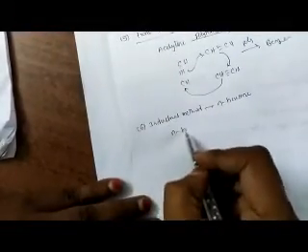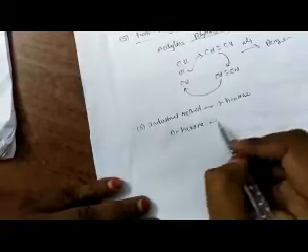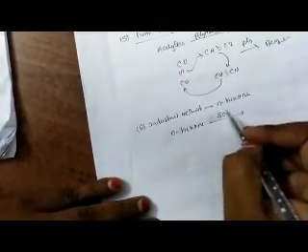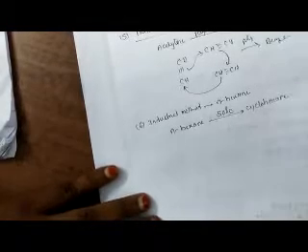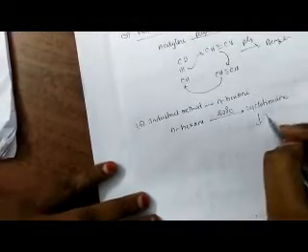Whenever you treat N-hexane at 500 degrees centigrade, we will get cyclohexane, the saturated form of the alkane.